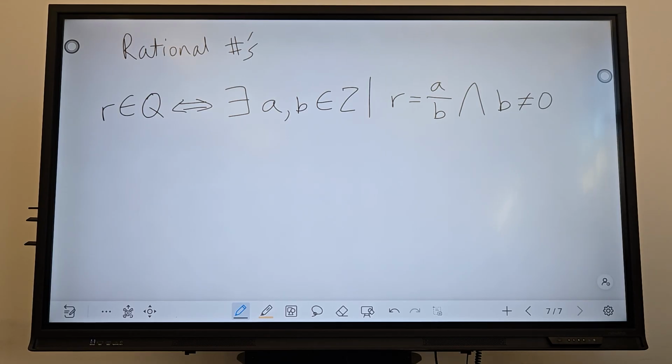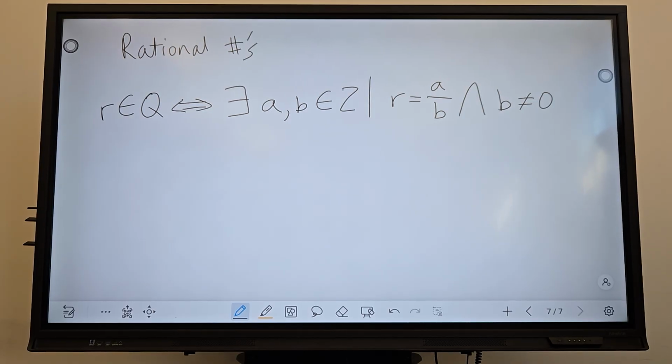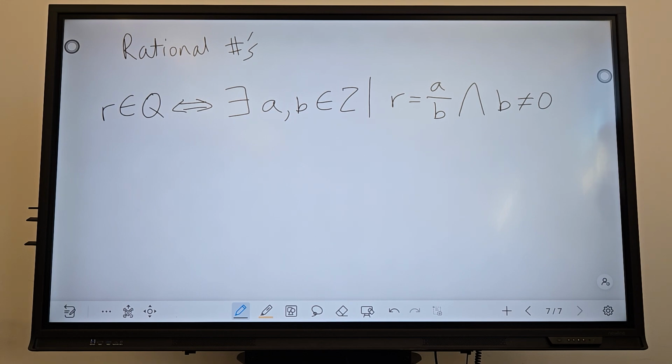Does that make sense? So r is a rational number if and only if there exist integers a and b such that r equals a over b and b does not equal 0.